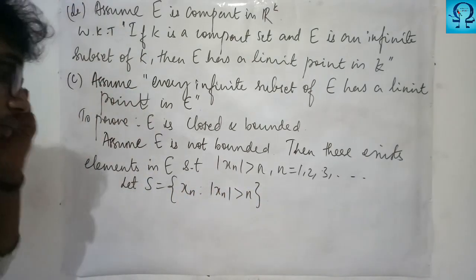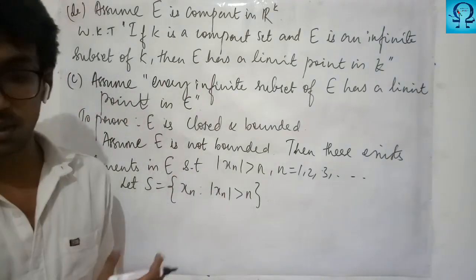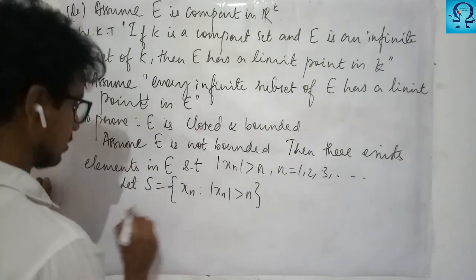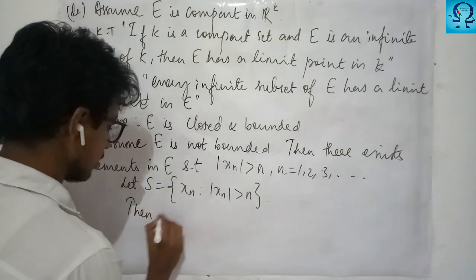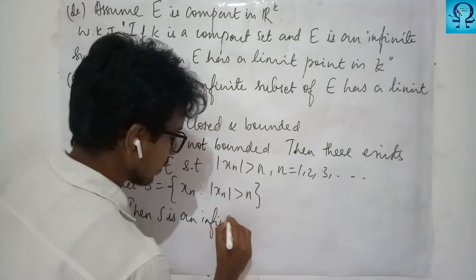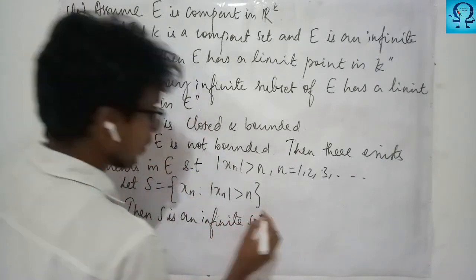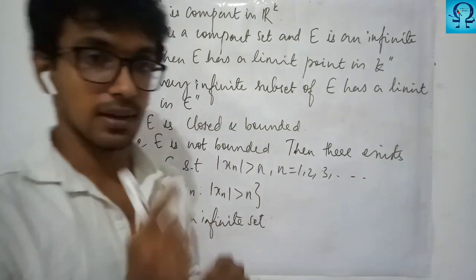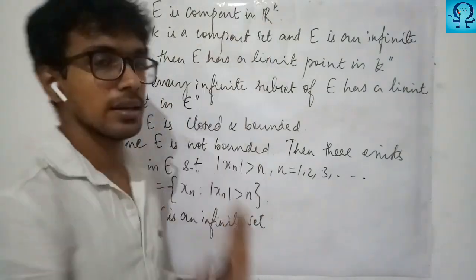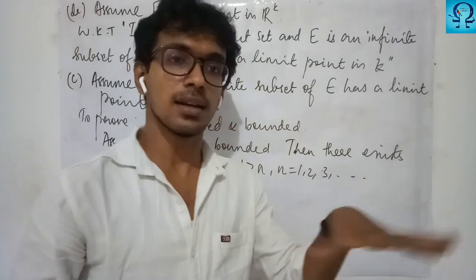And what kind of set is it going to be? Then S is an infinite set, right? You have to note one thing very clearly here. Here we are talking about the points in Rk, not in any general metric space.